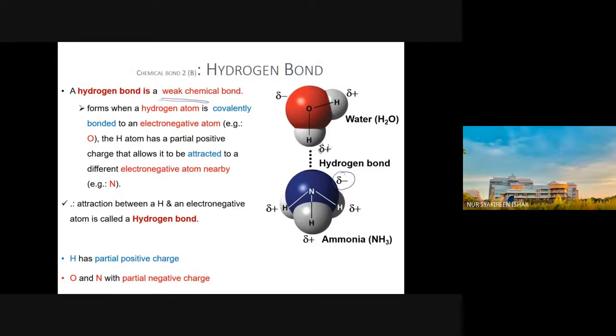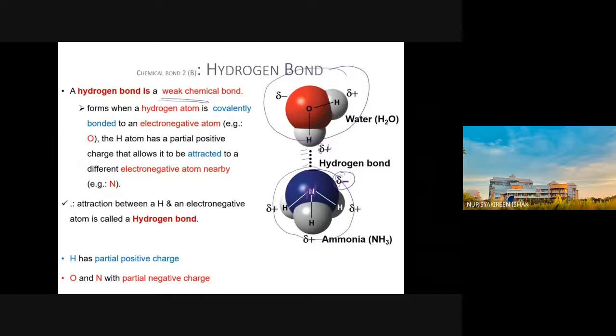A hydrogen bond is formed when the partial positive charge of the hydrogen atom of one molecule is attracted to the partial negative charge region of another molecule. In this case it is the partial negative charge of nitrogen, of ammonia. So you will form a hydrogen bond.